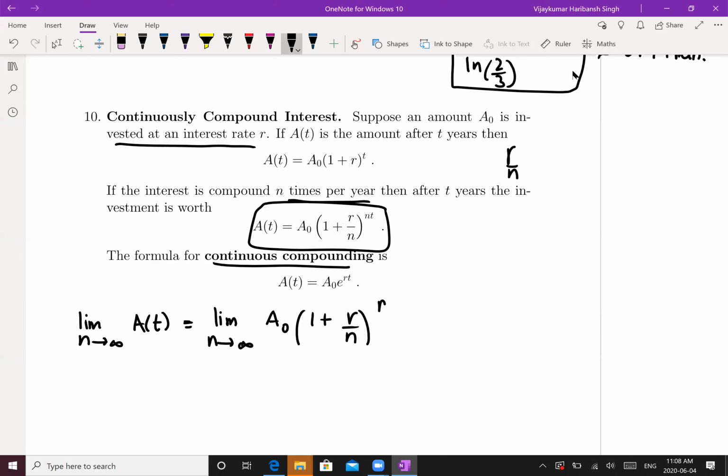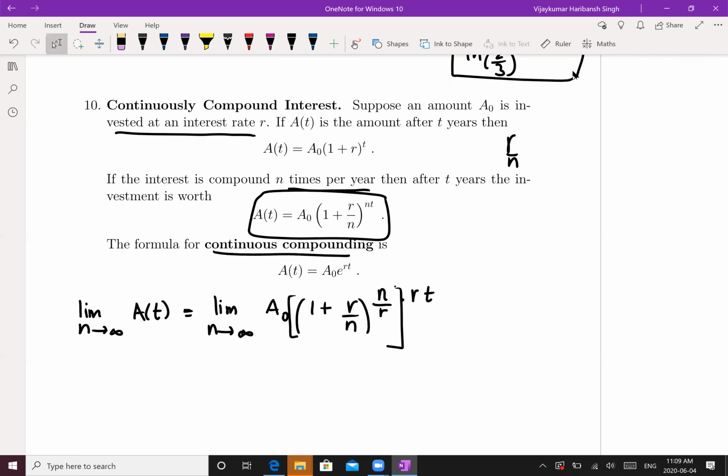I'm going to write it as n by R, multiplying and dividing by R. Now you can bring the limit inside, and this is going to be A0 times the limit as n goes to infinity of (1 plus R by n) to the power n by R, the whole power RT.